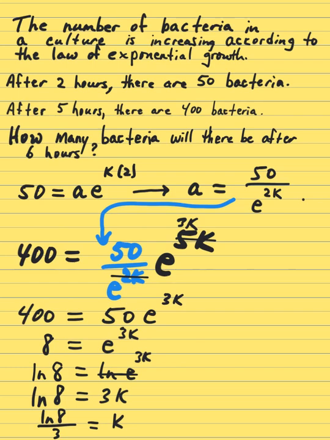So now we can go back and find A. A is equal to 50 divided by e to the 2k, and we just found k to be natural log of 8 over 3.